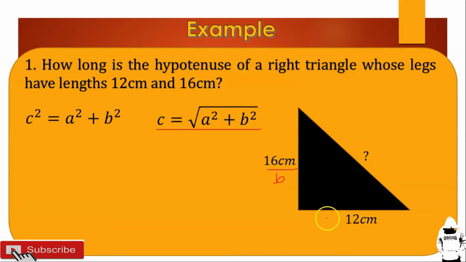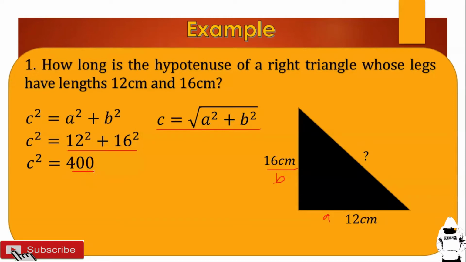Gawin natin b, and then yung 12 ay gawin natin a. Okay? So, by substitution, we have c squared is equal to 12 squared plus 16 squared. Simplify this. We have c squared is equal to 144 plus 256, that is 400.